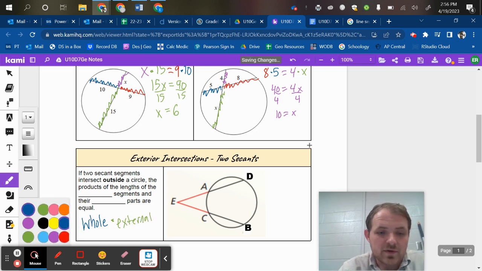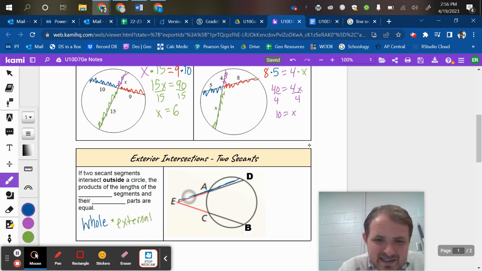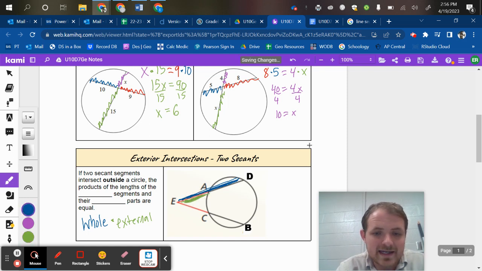Okay, so for both of those, I'm going to do the whole line is ED, and just the external is EA. So that whole line again is going to be EB, and just that external is going to be EC.